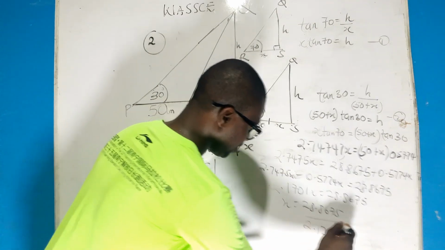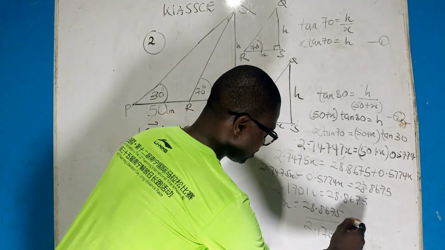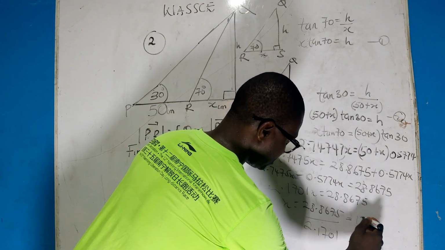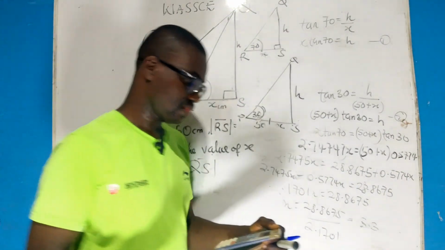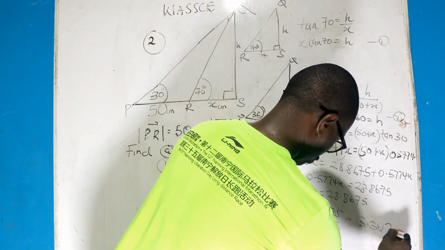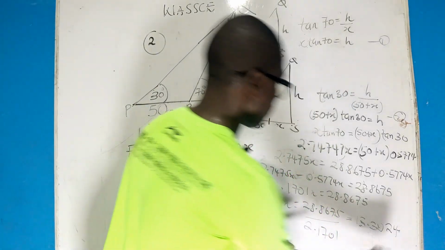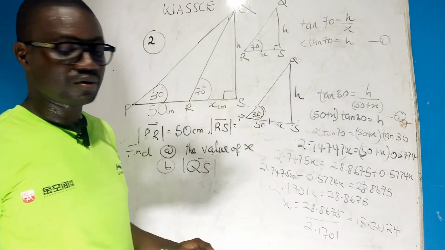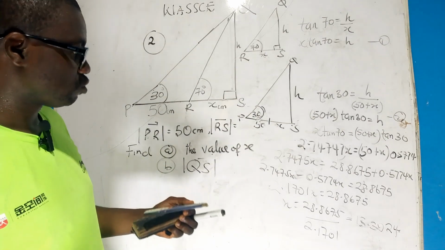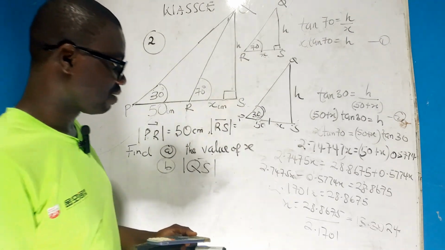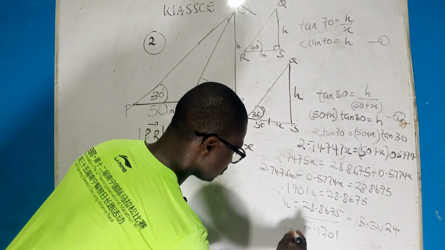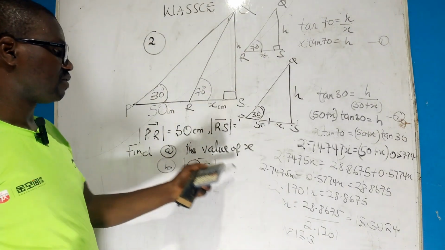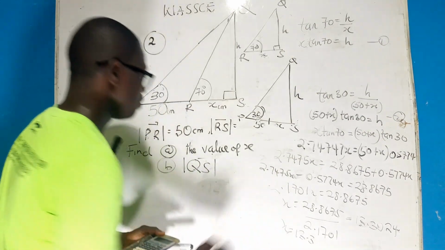So we have x to be 13.3024. So that is our value for x. The question didn't ask to bring it to significant figures, so we can have x is equal to 13.3. In this question it says find the value of x, so our x is 13.3.